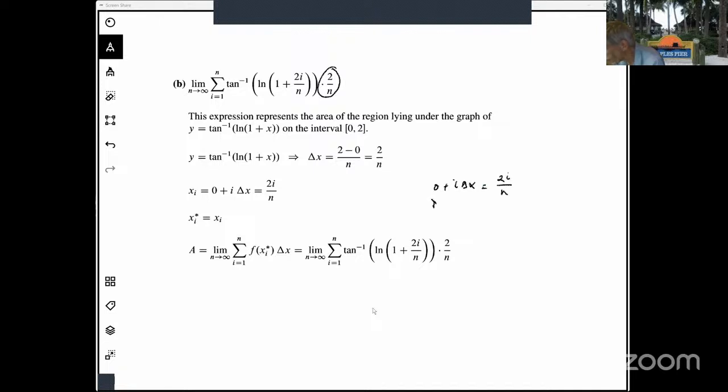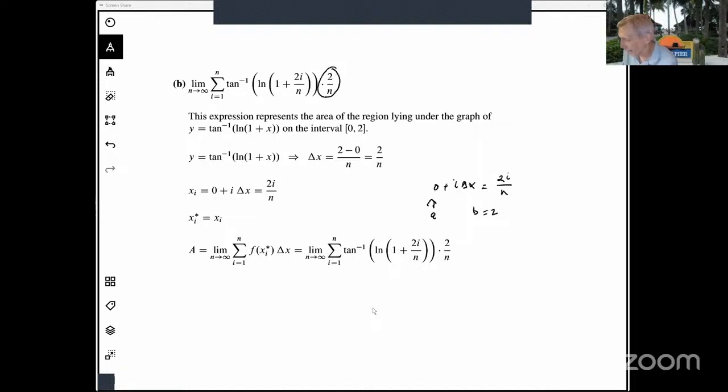So I see this as a, and b is going to be 2. Therefore, this represents the area of the region under the graph of that expression on the interval 0 to 2. And Tom, I'm sure you got a different answer for this one. I sure did, Steve. Guess what it was. Yeah, my interval went from 1 to 3 instead of 0 to 2. Pretty cool, but it is neat.